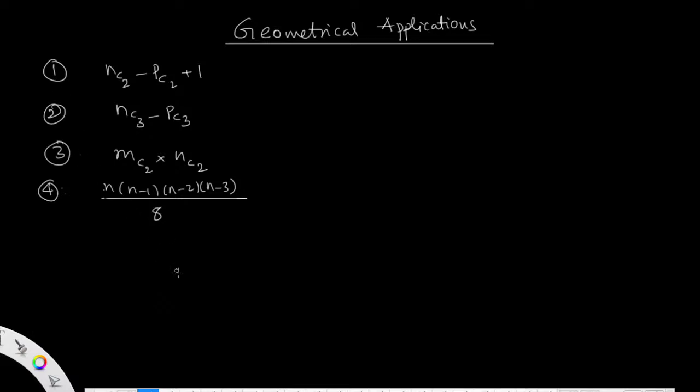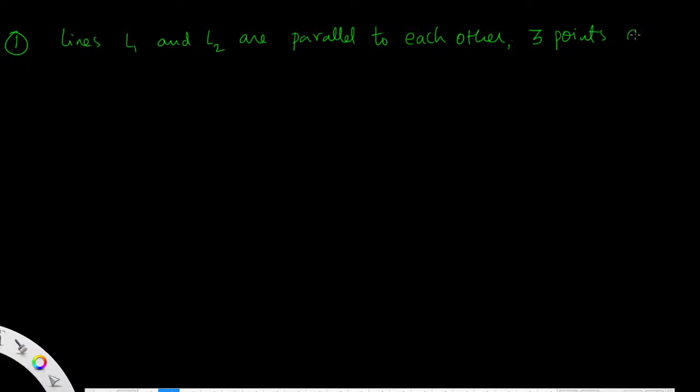Okay, geometrical applications based on these four concepts. The first question, question number 1, most important topics. Lines L1 and L2 are parallel to each other. Three points are taken on L1 and 4 points are taken on L2.